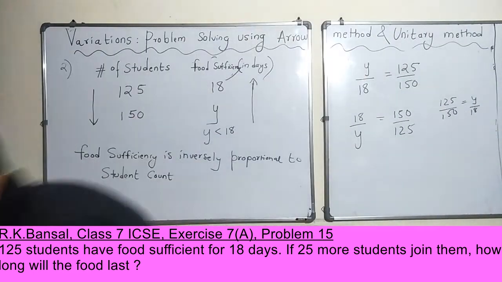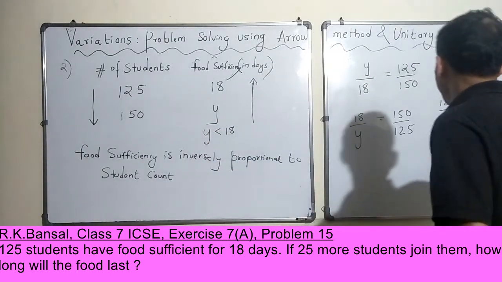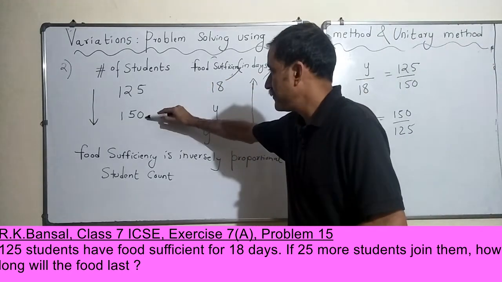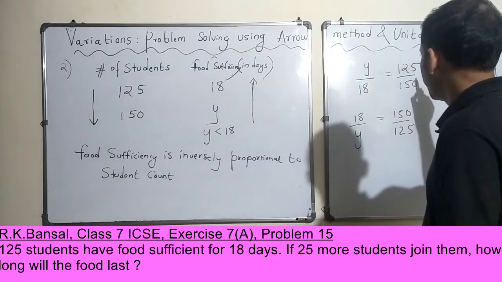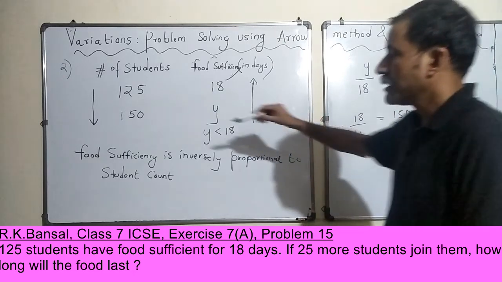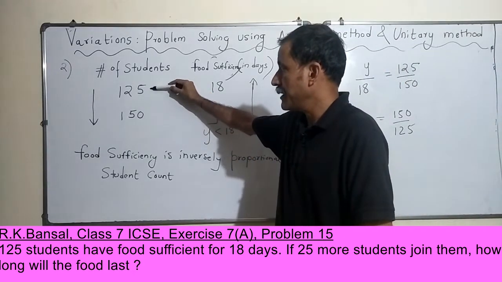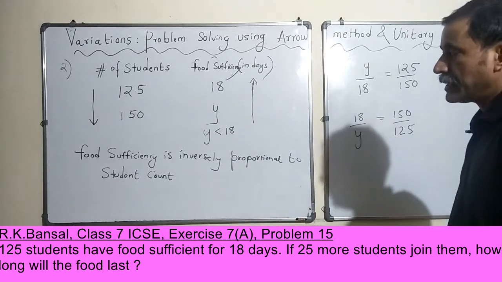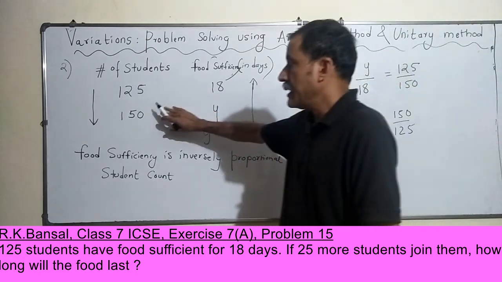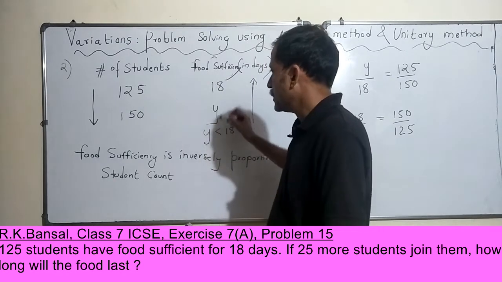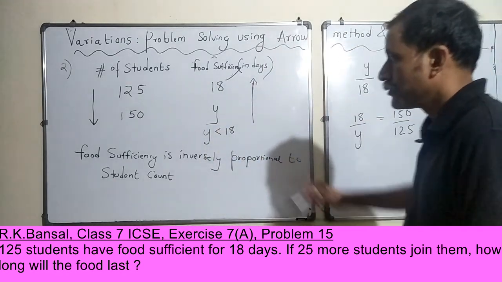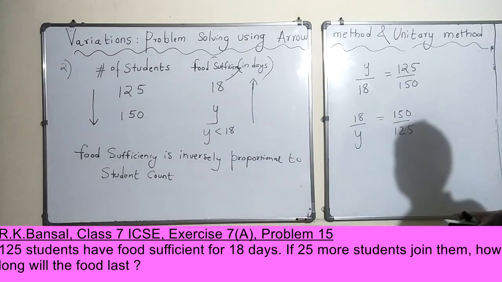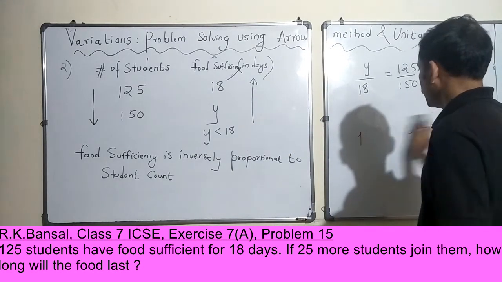You can write it this way also. Similarly, you can write 150 by 125 is equal to 18 by y. Anyhow, in the case of inverse proportion, you go this way, you come this way. That's all. Or you go this way, you come this way. So now this is fine. I'll just stick to the first one that I wrote.